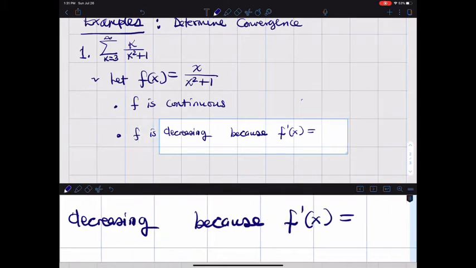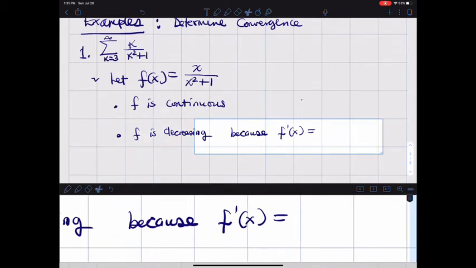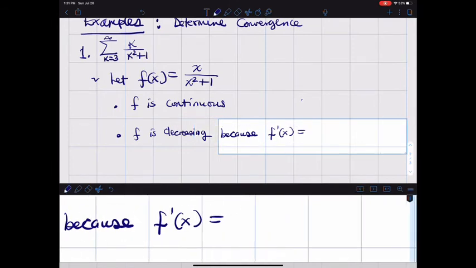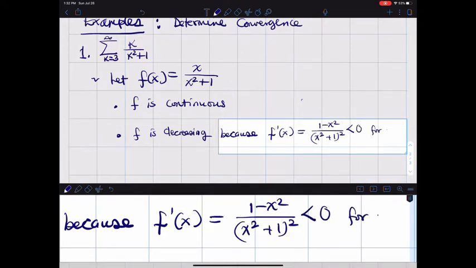So F is decreasing because if you look at the derivative, it is 1 minus x squared over x squared plus 1 squared. I want you to check it. So this derivative is always less than 0 for x greater than 1. I want you to check it.